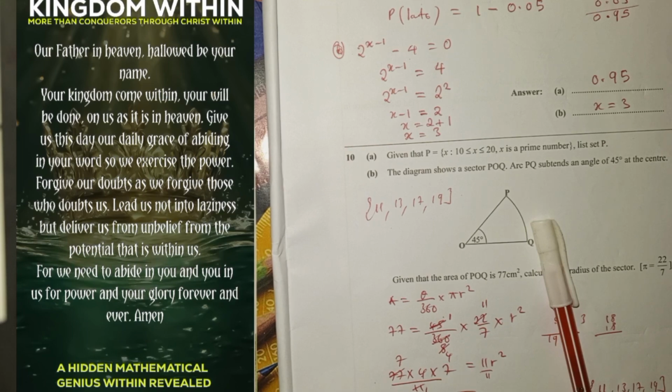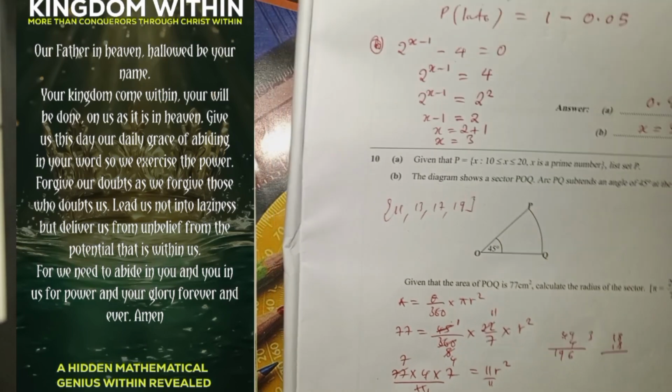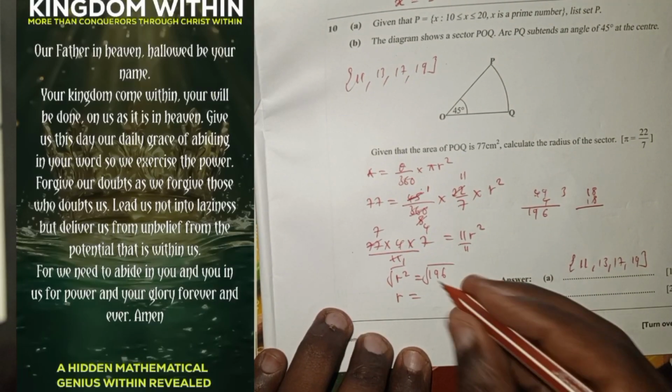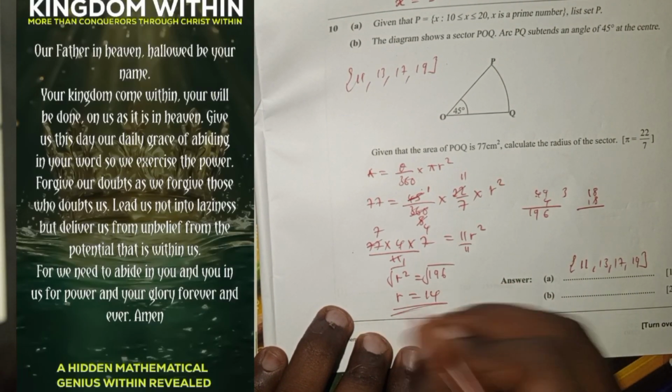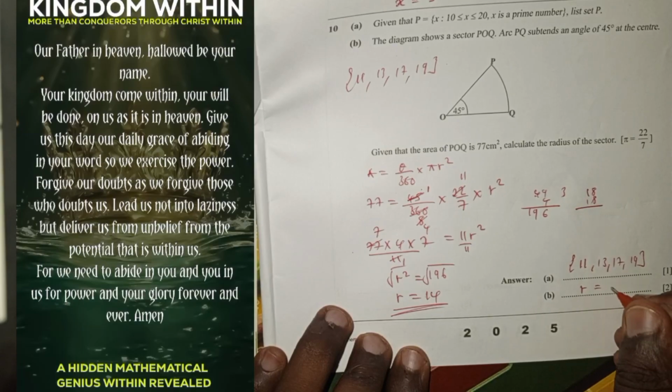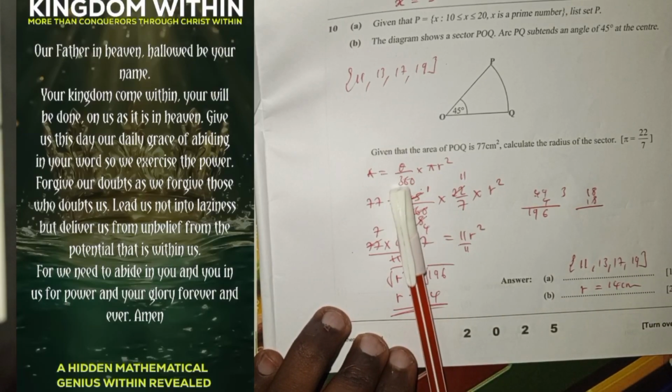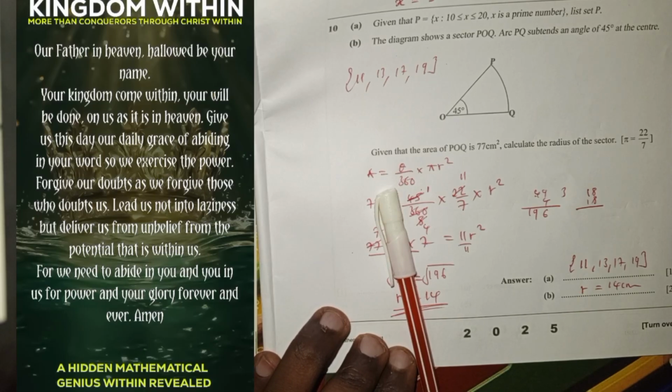So square root of 196 is supposed to be 14. So r is equal to 14. R is equal to 14 centimeters. So the radius is 14 centimeters. Thank you so much for your time.